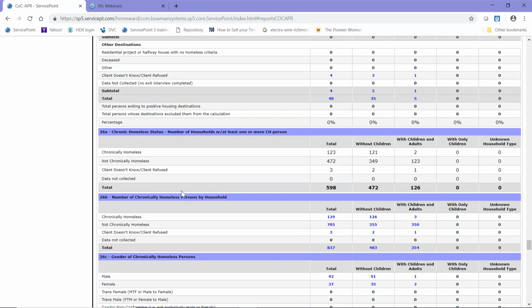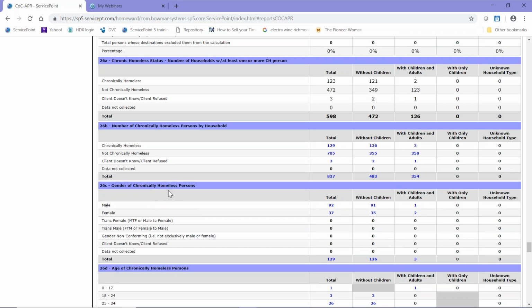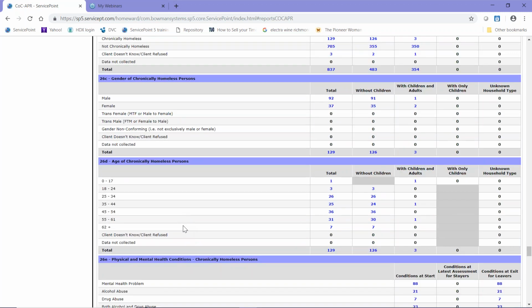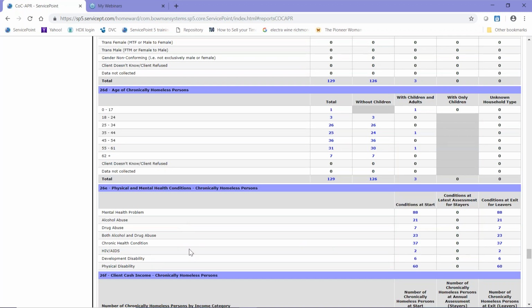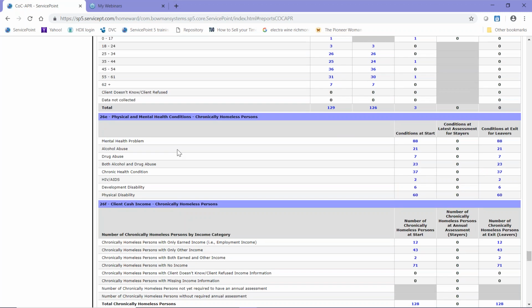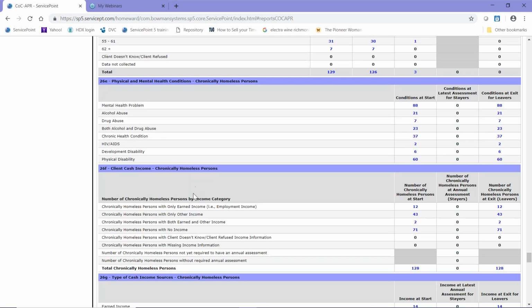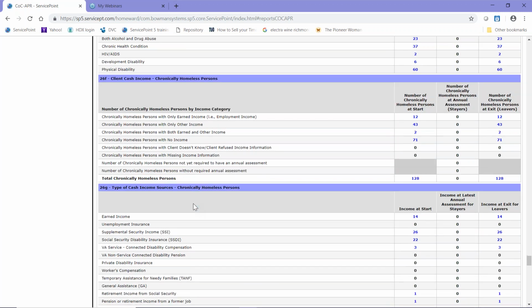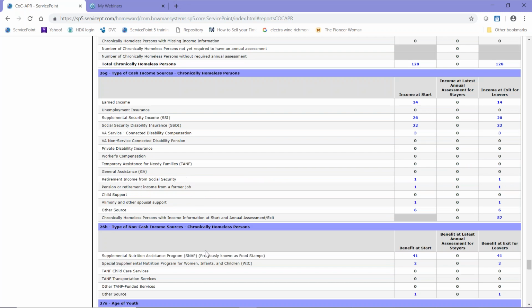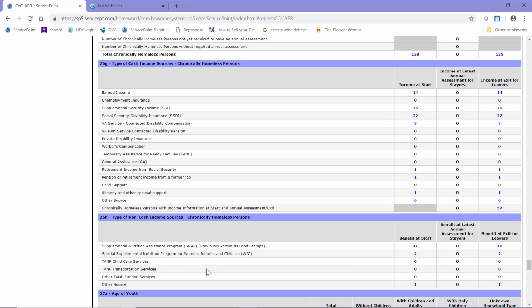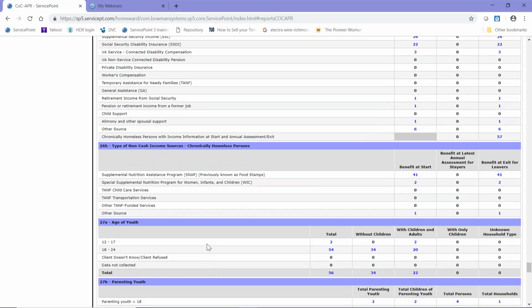Then we have number of chronically homeless persons by household, and then we have a breakdown of their genders, a breakdown of their ages, a breakdown of their mental health condition or physical condition, their income sources, and their non-cash income sources.